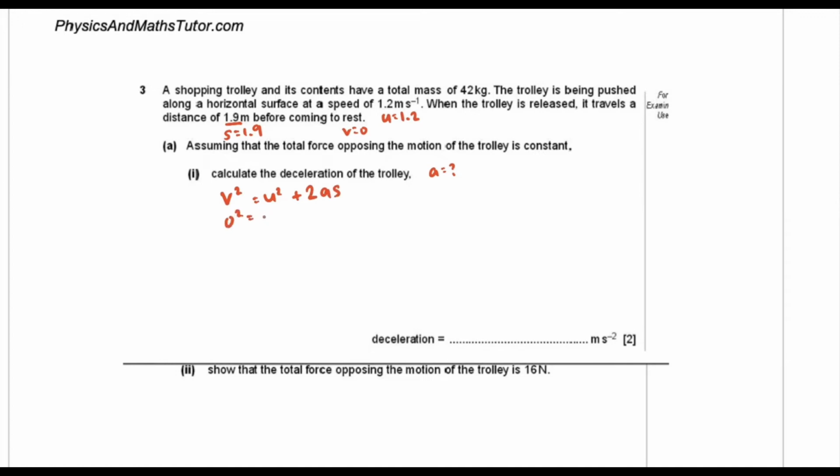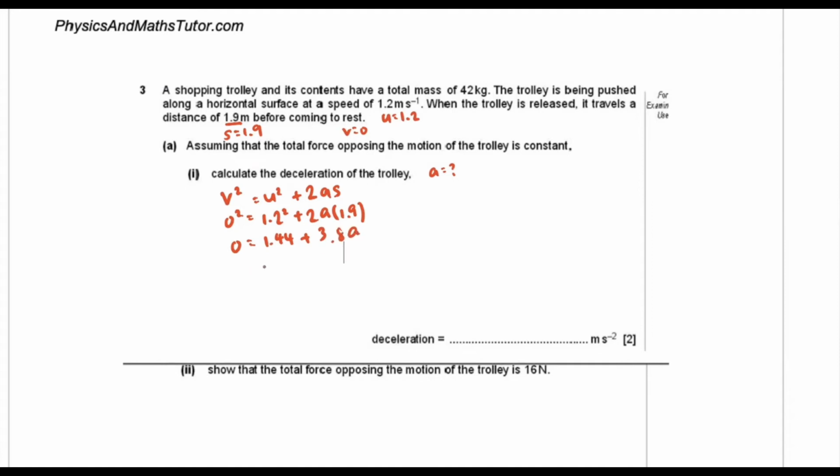0 squared equals 1.2 squared plus 2a times 1.9. 0 equals 1.44 plus 3.8a.